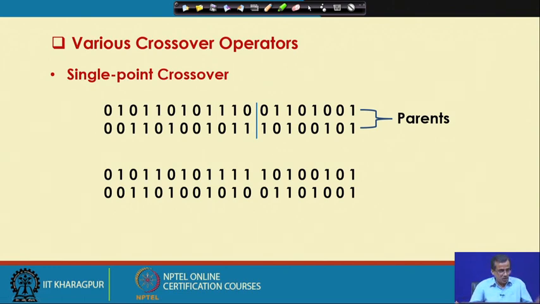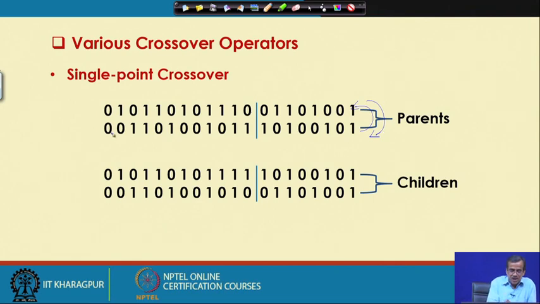Now, if that is the crossover site, according to single point crossover, the bits lying on the left hand side of the crossover site are kept unaltered, and whatever is on the right hand side, we do the swapping. So, whatever is at the bottom will go to the top, and whatever is at the top will come to the bottom.